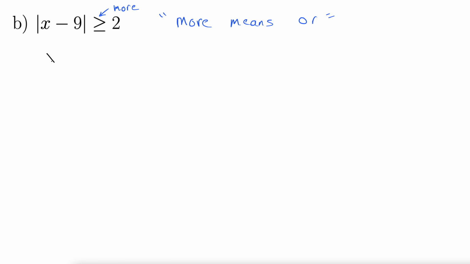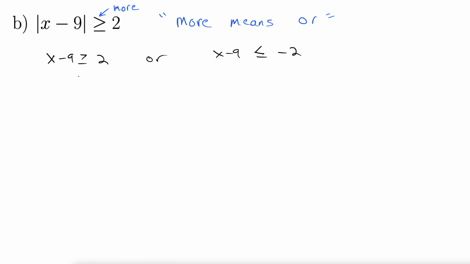We start by saying x minus 9 greater than or equal to 2, or x minus 9 less than or equal to -2. So it's the two ends, starting at one place and going out to plus or minus infinity, leaving the stuff in the middle uncovered.